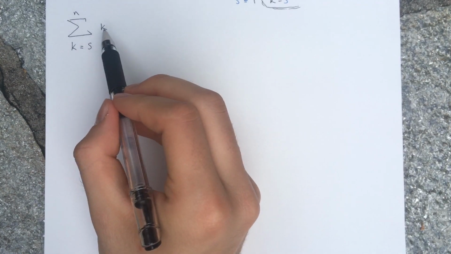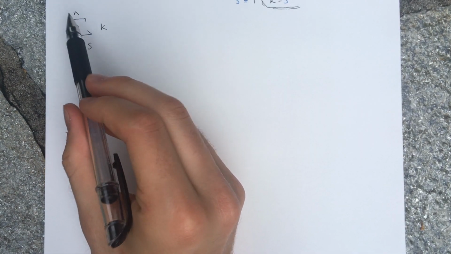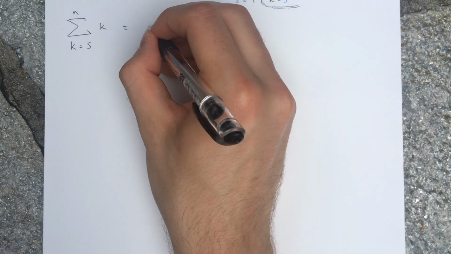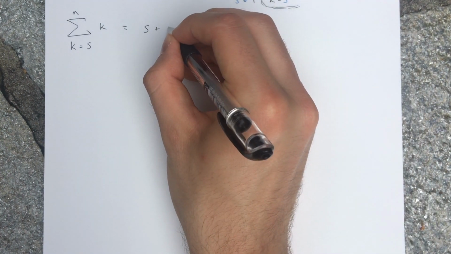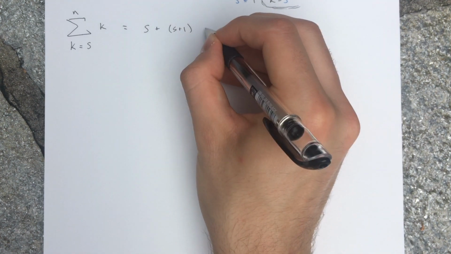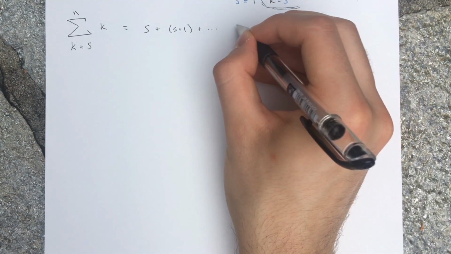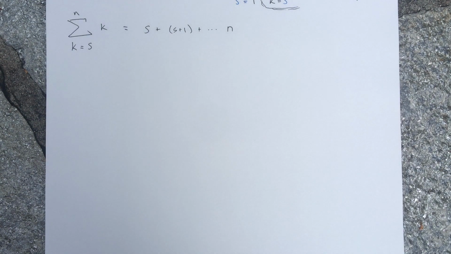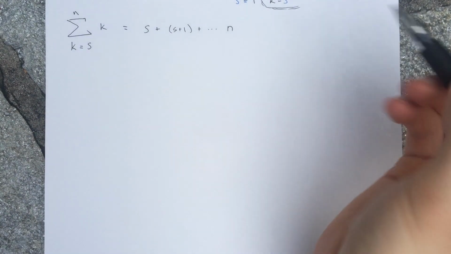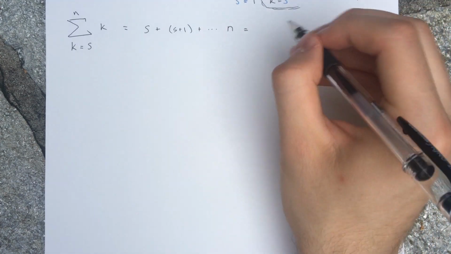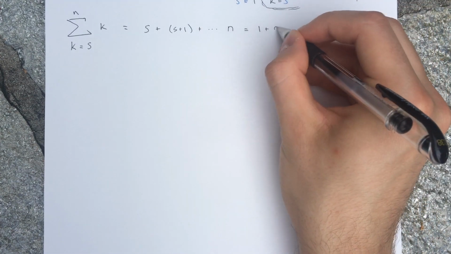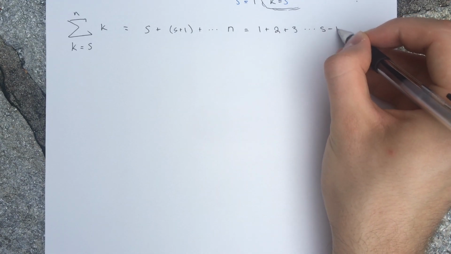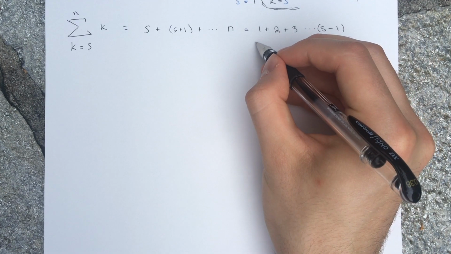So here we have the sum of k starting from s and going to n. So if we write that out, it's going to be something like s plus s plus 1 plus s plus 2 up until n. And of course, let's add 0 to this. Let's start by doing 1 plus 2 plus 3 up until s minus 1, and then we'll just subtract that.